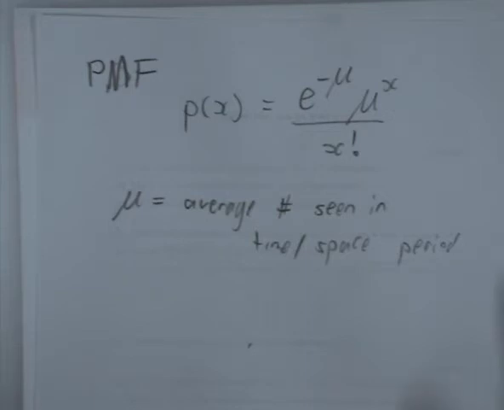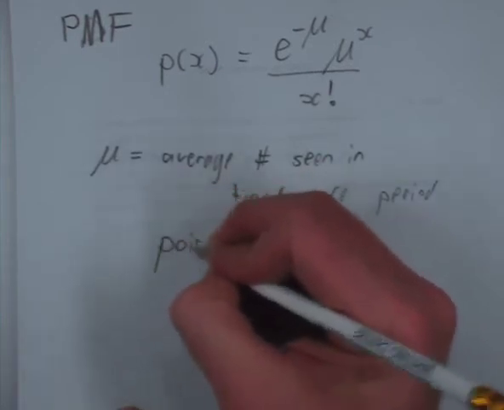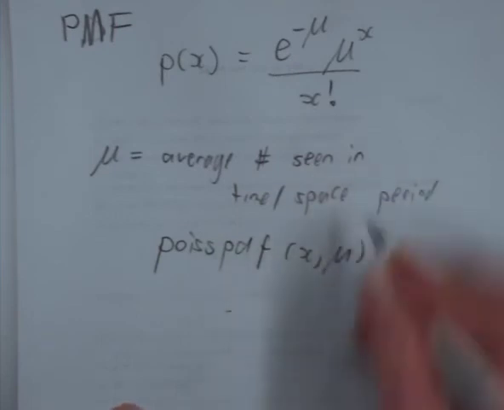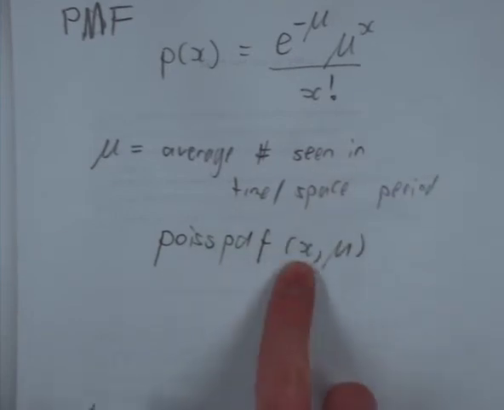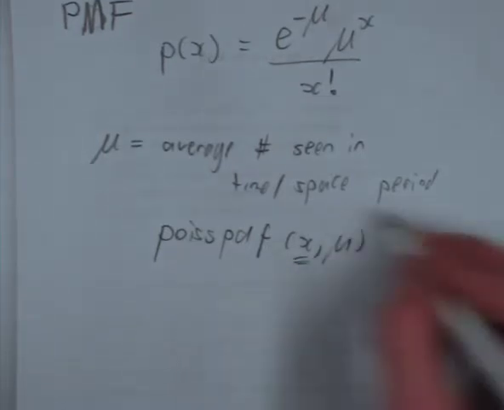That's really important. Okay, and let's just see what it says about Poisson in your notes. No, it uses the mu. So that's Poisson PDF x mu. So it looks like MATLAB likes to put the number first, and then anything else that describes the distribution you're in.